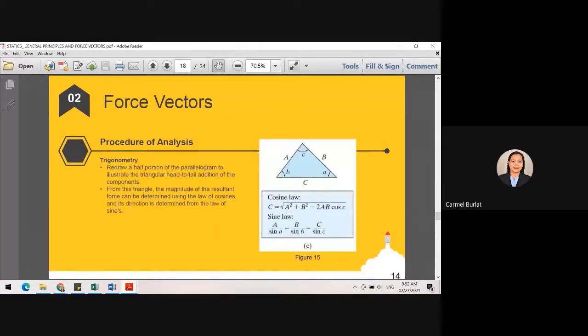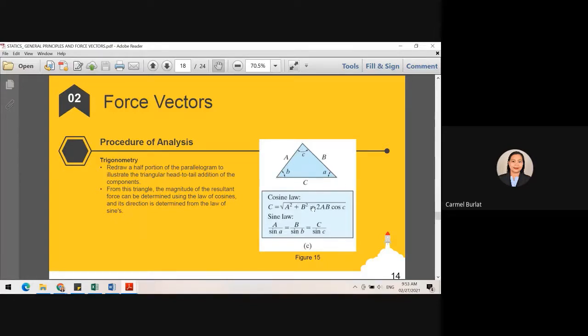Okay? Next, you have trigonometry. And I know that you're familiar with this one, the sine and cosine law. So redraw half of the portion of the parallelogram and illustrate a triangular head-to-tail addition of the components. Head to tail, if you have vector A and vector B, and you have to add, this is the resultant C. Because half man siya, half siya sa parallelogram.